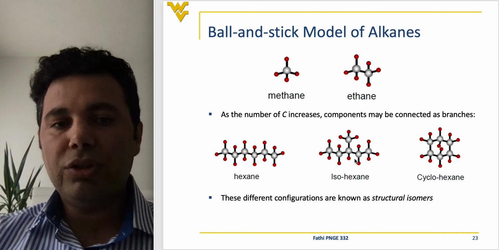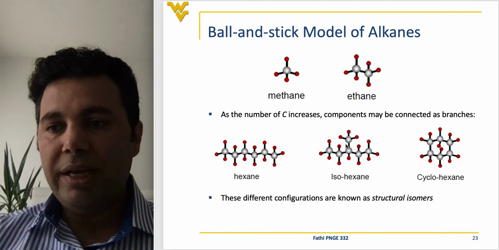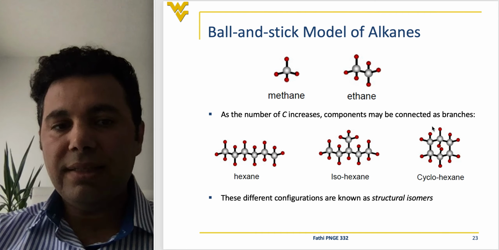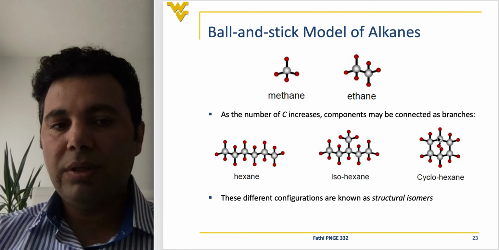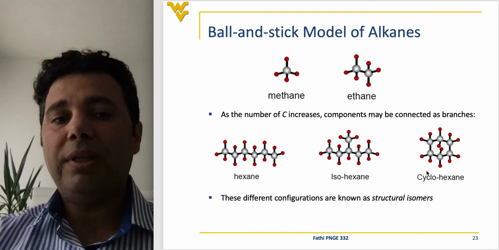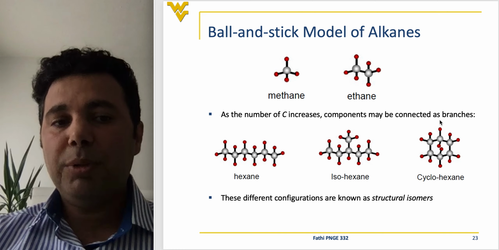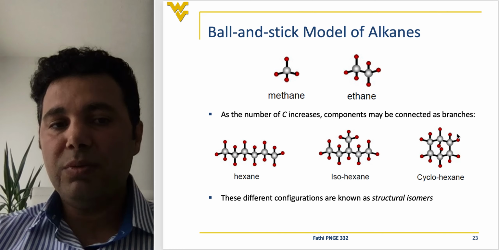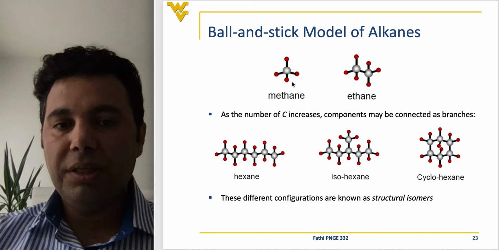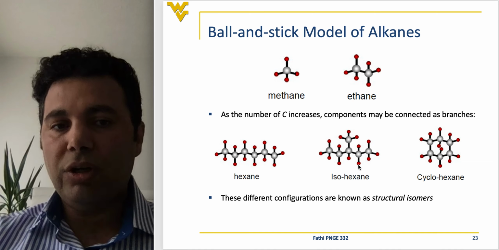But this structure, even though it has a branch, belongs to alkane. This is a different structure, even though it has all single bonds, because it's in the cyclic form. We call that cyclohexane. This belongs to a different homologous series because we will see that this structure has different properties than these structures.